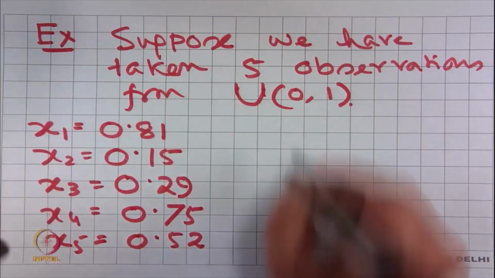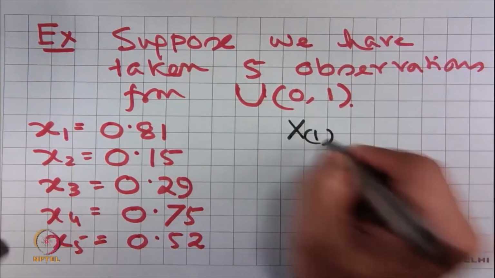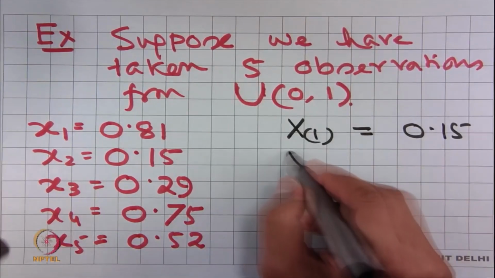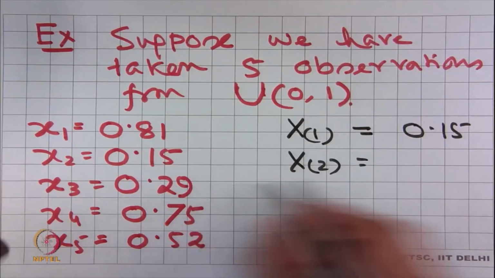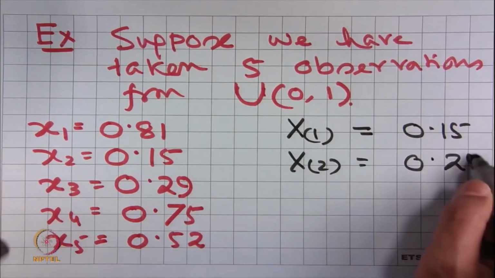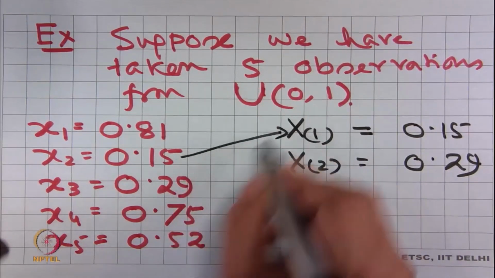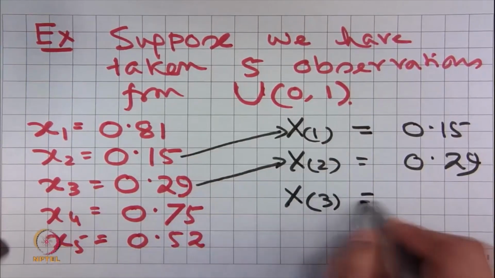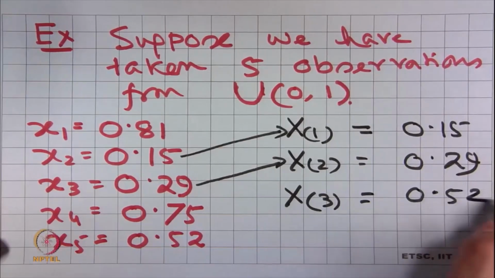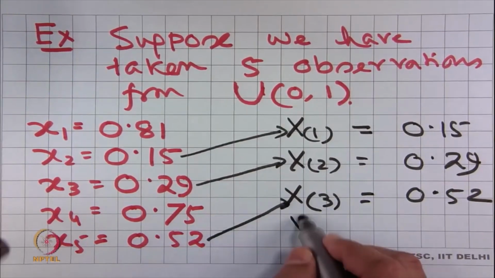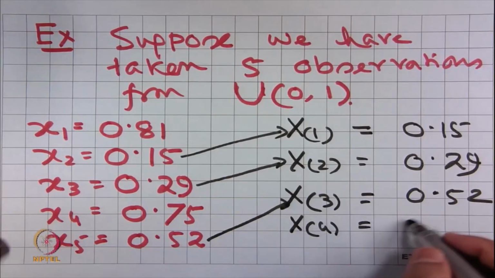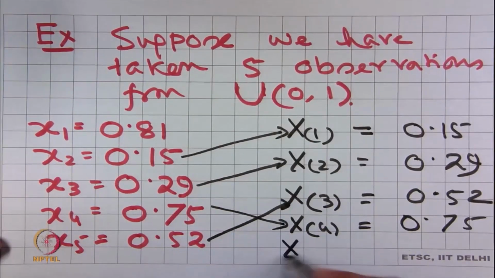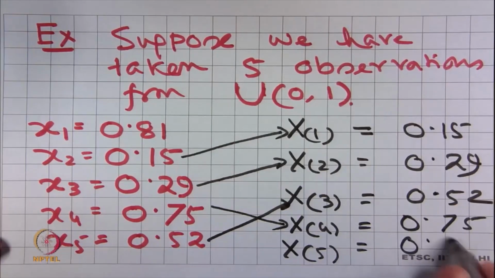So, from this sample we can get x bracket 1 is equal to 0.15, x bracket 2 is equal to 0.29, x bracket 3 is equal to 0.52, x bracket 4 is equal to 0.75 and x bracket 5 is equal to 0.81.